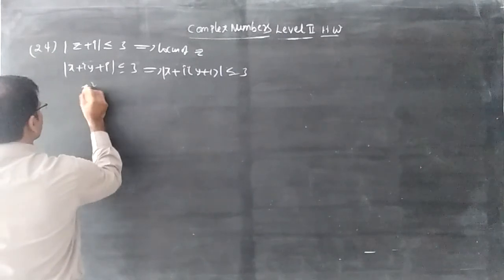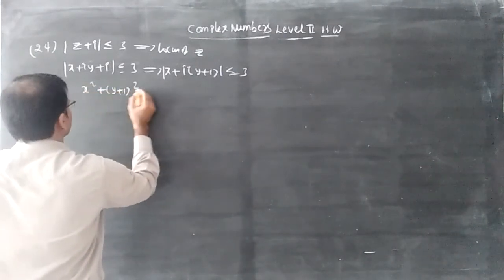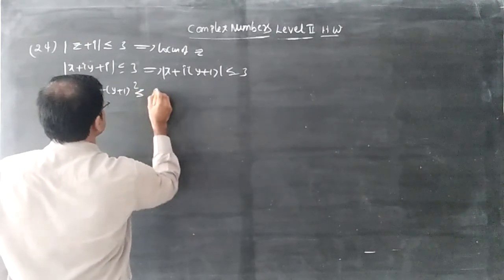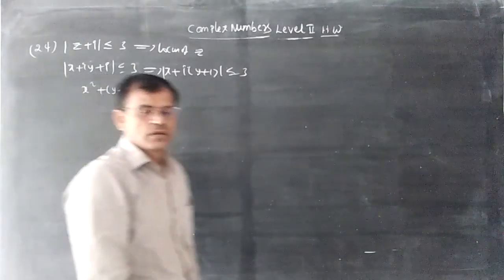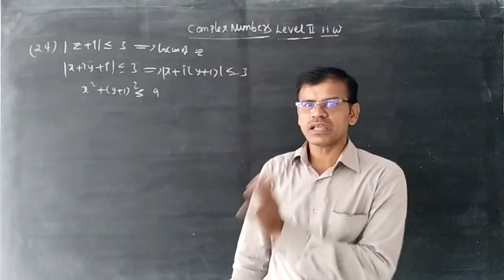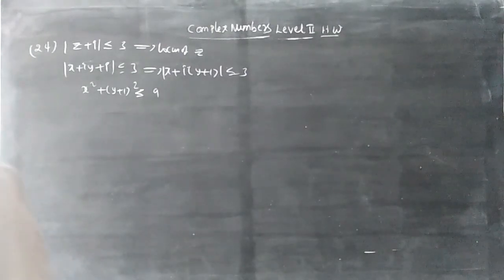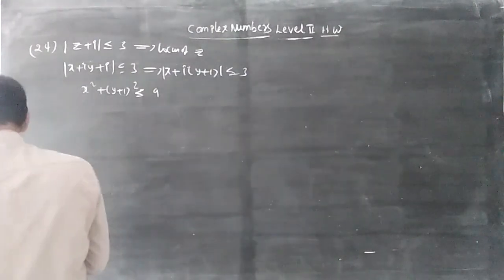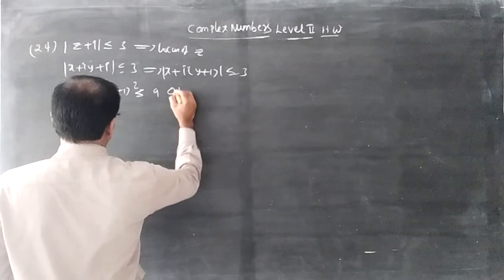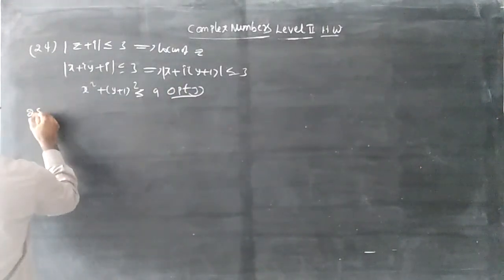By taking modulus and squaring both sides, you can write x square plus y plus 1 whole square less than or equal to 9. It can be said that the locus is on or inside the circle having center 0, minus 1. Directly he gave this one as option 3.